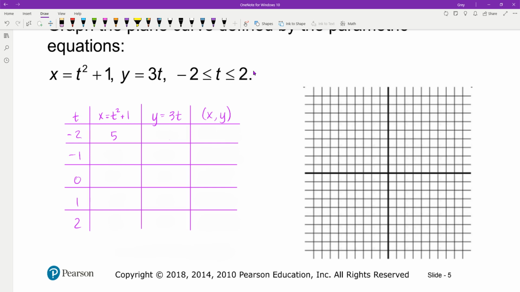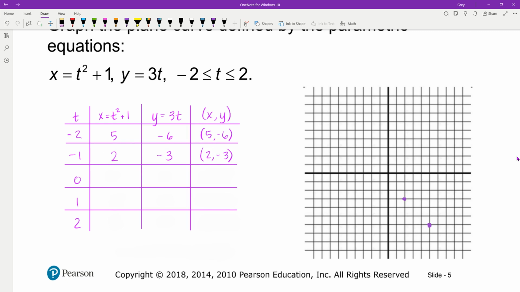If I plug it into y, I find y equals negative 6. And so I'm going to have the point 5, negative 6 on my graph. So I would go 1, 2, 3, 4, 5, and then down 6. And there's 5, negative 6. If I plug in negative 1, I get 2 for x and negative 3 for y, so I have the point 2, negative 3.